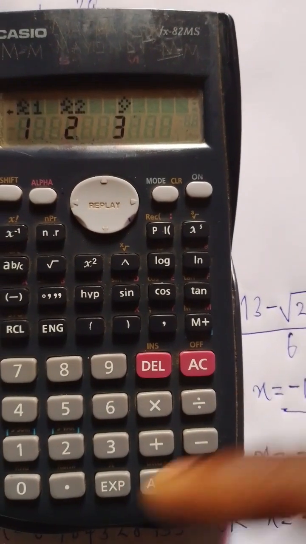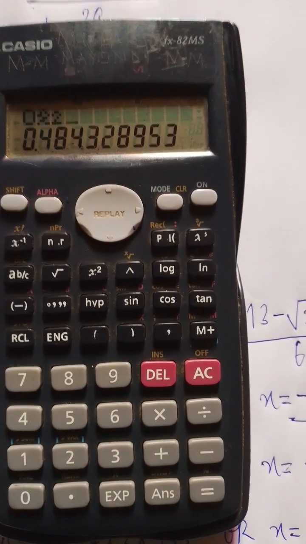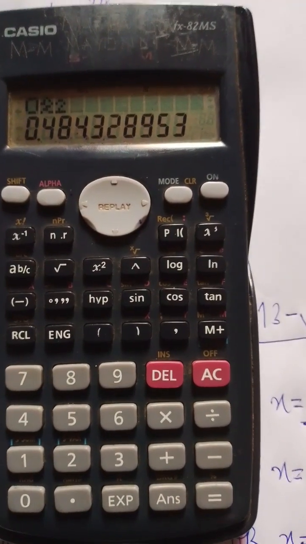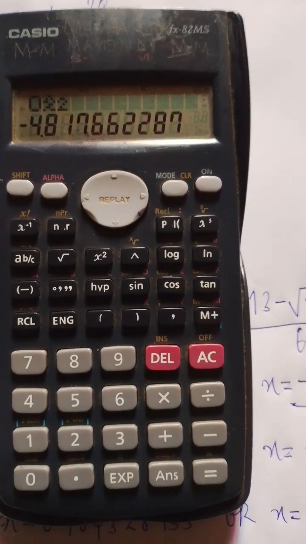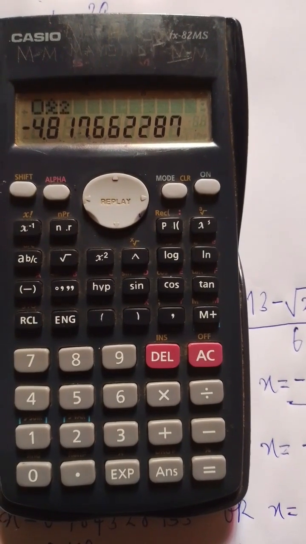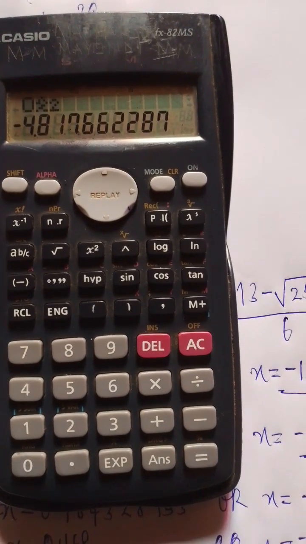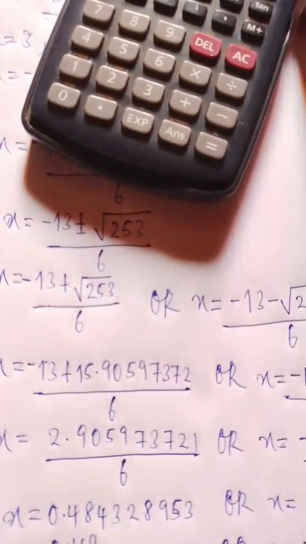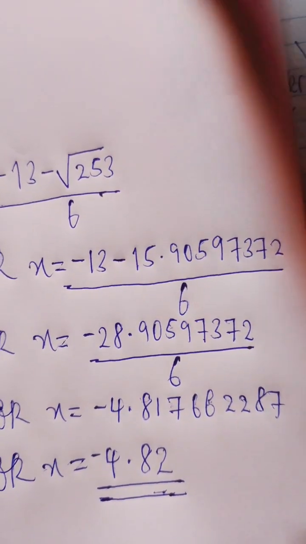So I'll place on 2. And this equation was equal to 0. So I'll place on an equal sign. So the second solution is x is equal to negative 4.817662287. And that was the next solution we got.